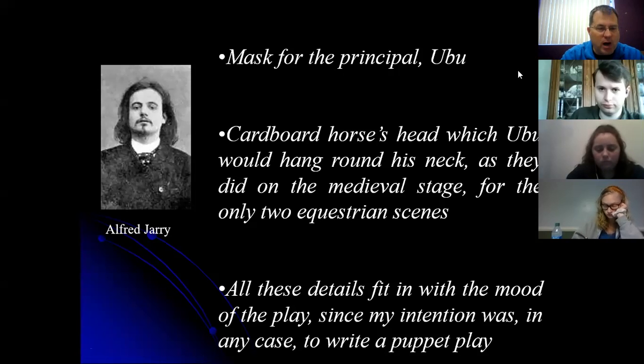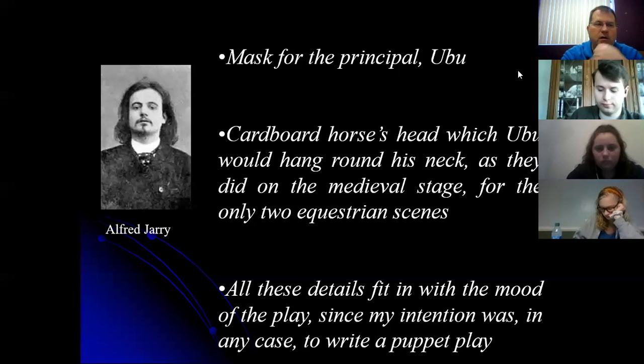Why? He's trying to make you kind of disjointed and dissolve, maybe dissolute your connection to reality. All right. He doesn't want you to be able to identify Ubu as a human being. He doesn't want you to be able to identify the horse as a horse, that is kind of almost a symbol of a horse.